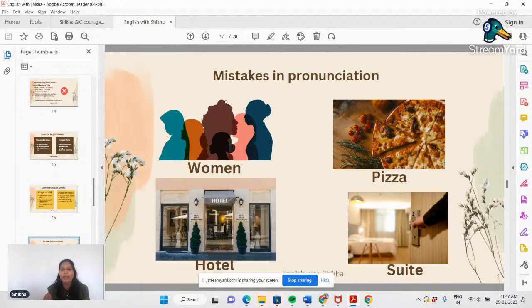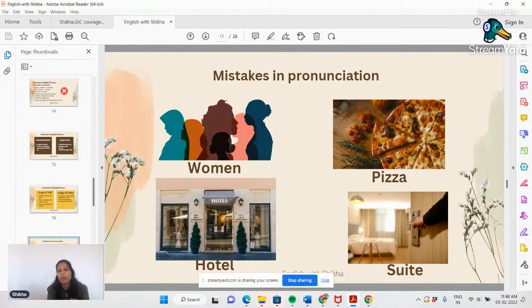In the same way, we have sit. Many people pronounce it as shit. No, it is wrong. Shit means something we do early in the morning to freshen up ourselves. So that is why you have to be very careful about your pronunciation.